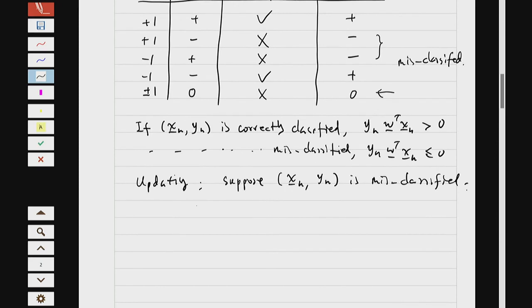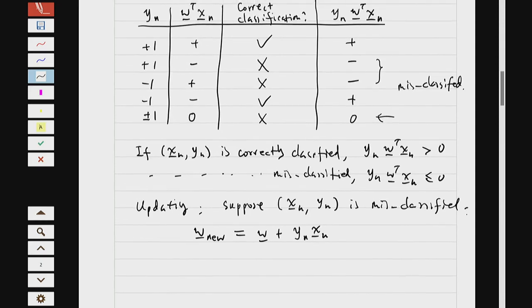We're going to write the new w after updating as equal to, just based on the rule that we have for the perceptron learning algorithm, w plus yn xn. That's how we update to a new w. Now let's take a look at the product, the last column, for this new w.